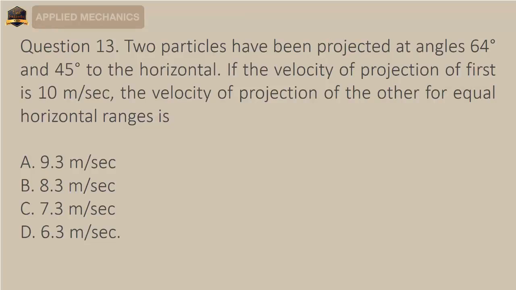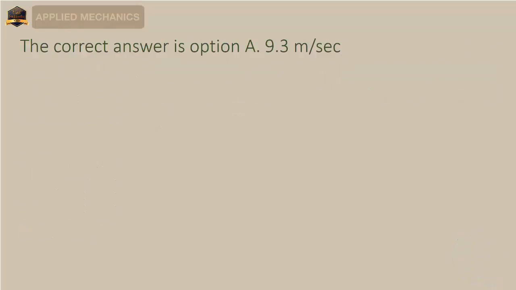If the velocity of projection of first is 10 meters per second, the velocity of projection of the other for equal horizontal ranges is A. 9.3 meters per second, B. 8.3 meters per second, C. 7.3 meters per second, D. 6.3 meters per second. The correct answer is option A, 9.3 meters per second.